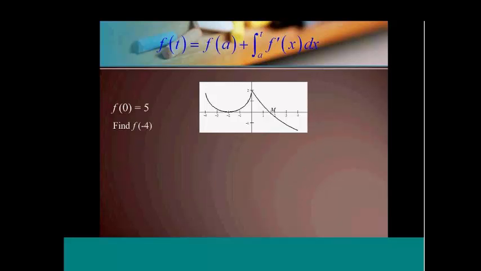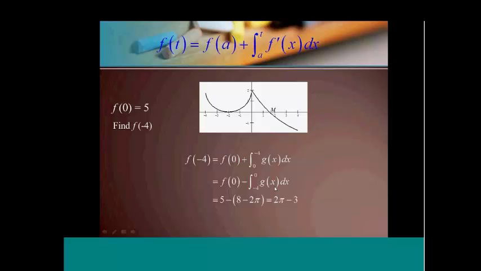And then they also ask you to find f at -4. Now we can proceed in the same way. F at -4 is f at 0 plus the integral from 0 to -4. That's my favorite equation again of g of x. And then of course, since the limits of integration here are a little suspicious, most people would turn it around and make it the opposite of the integral from -4 to 0 of g of x.